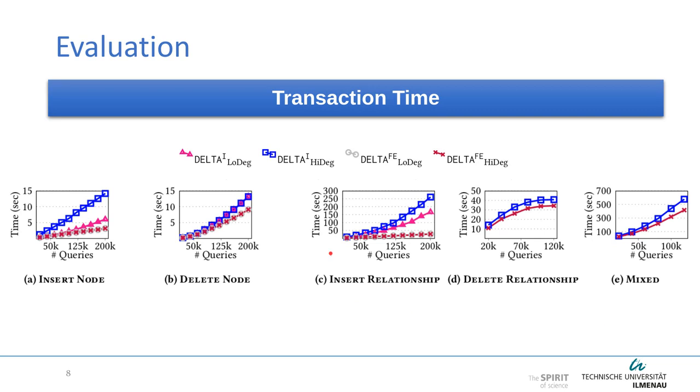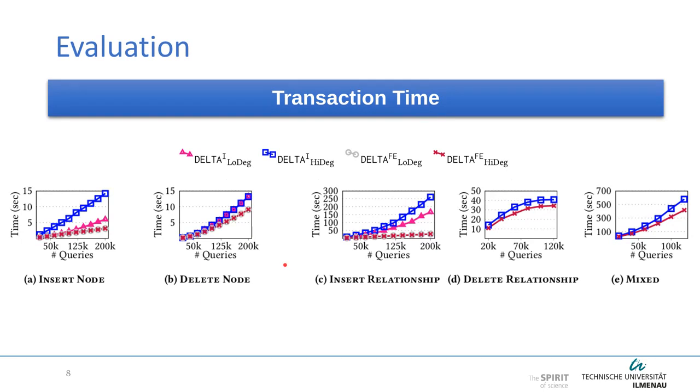And we also considered updating nodes with low degrees, which is denoted by low deg here, and also updating nodes with high degrees. So in summary, the conclusion that we are going to take from this figure is that first, our approach, the delta FE, outperforms the baseline approach.